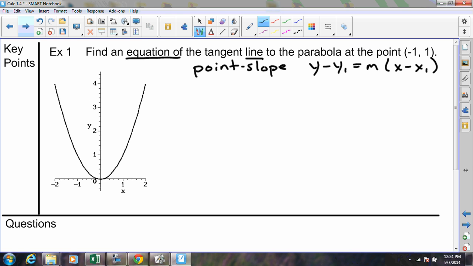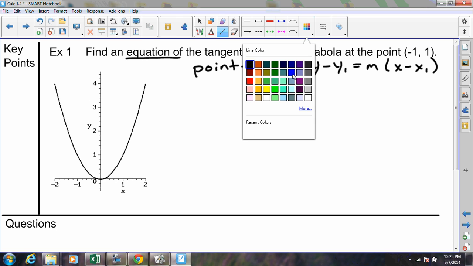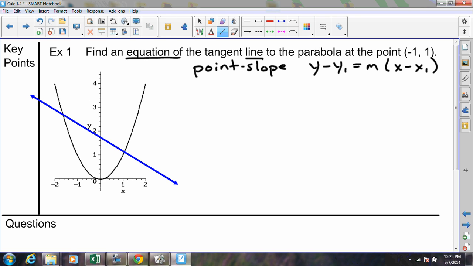We could take a line, and I want to switch this to blue. I could take a line and just say, all right, I'm cutting across. Hooray, I have a line. And I could go through and figure out, say, okay, I have 2 points.